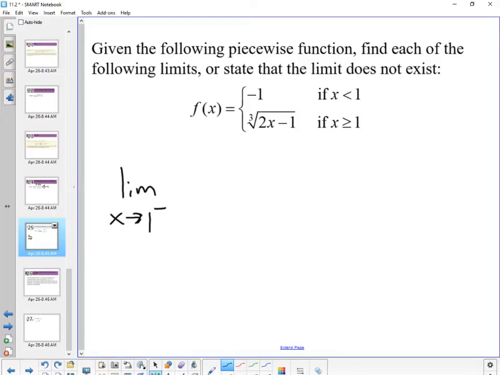From the negative side, from the left. What is it? Or not 1. I know. -1. Why -1?